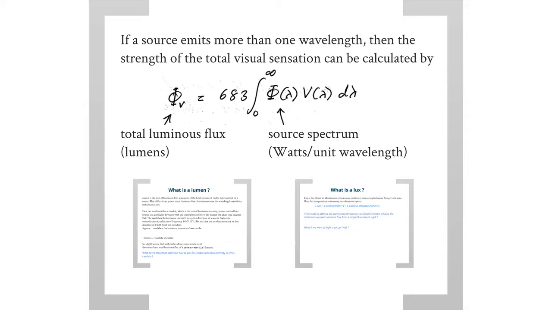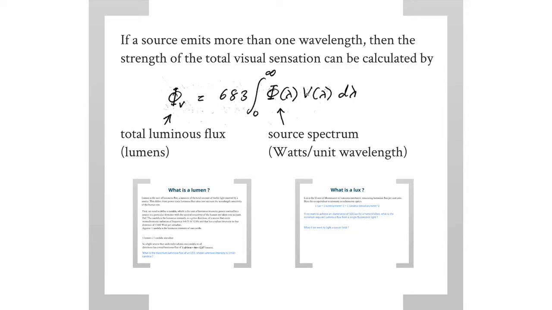So in that case, phi of lambda on the right-hand side is the source spectrum, which is in watts per unit wavelength, which we have already seen. That's the standard spectrum. You do the integral multiplied by V of lambda, which is our spectral sensitivity of the eye. Okay, so this here is the source spectrum. This is the sensitivity of the eye.